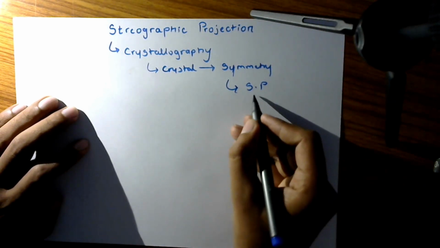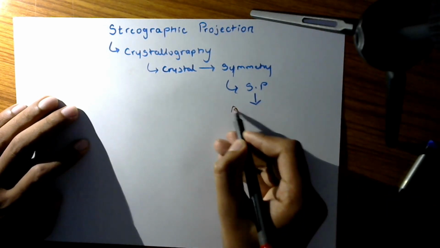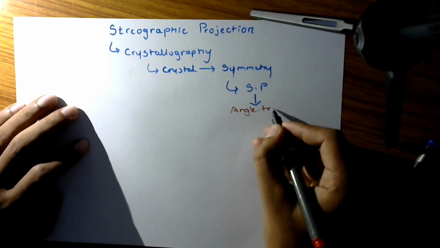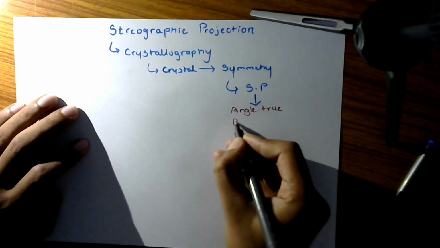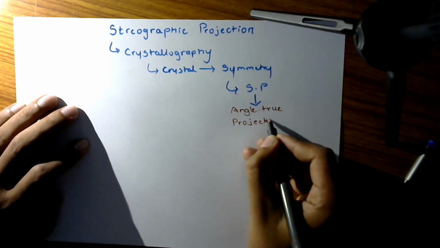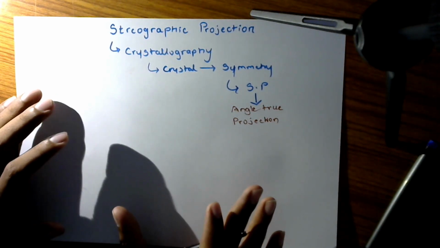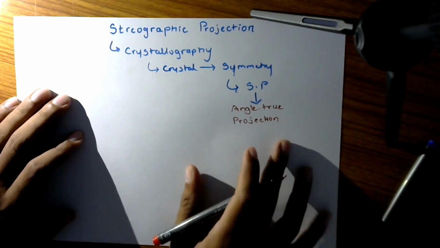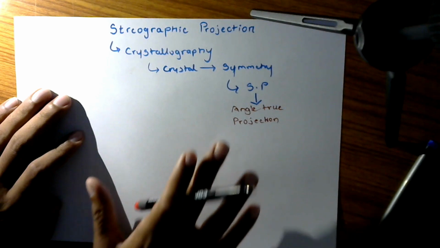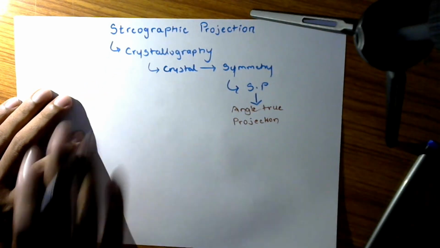It's because stereographic projection is an angle-preserving projection. So it is going to preserve the angle, and so it will preserve the symmetry, and so its study is very important from the point of view of crystallographers.